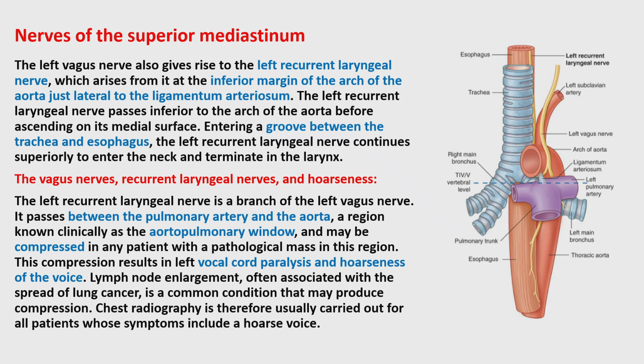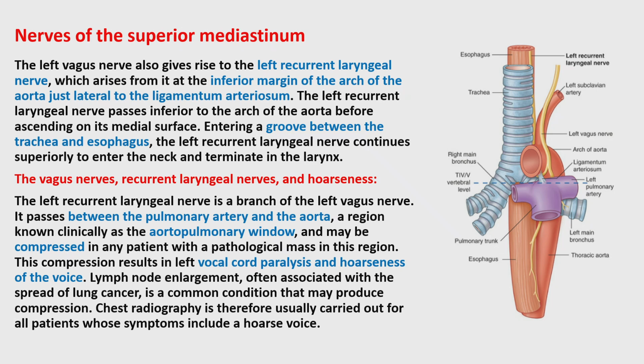It supplies all muscles of the larynx except the cricothyroid muscle, which is innervated by the superior laryngeal nerve. Also, the recurrent laryngeal nerve provides the sensory innervation of the larynx below the level of the vocal cord. This is very important.